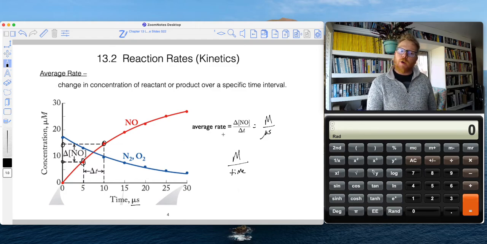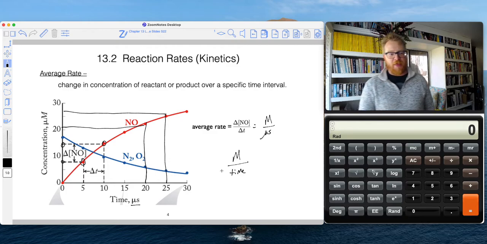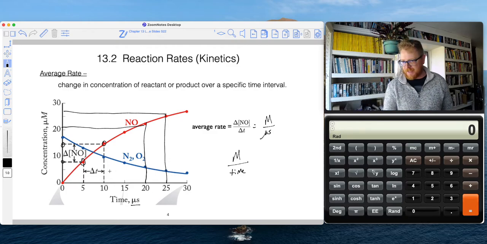Okay. So the problem with this average rate, though, is the following. So suppose now we wanted to look at the average rate between 20 and 25 microseconds. Well, hopefully what you can tell from this graph is that is going to be a different value than between the 5 and 10 microseconds, right? And we can tell because if we look at a slope right here, the slope here is much steeper than it is here.